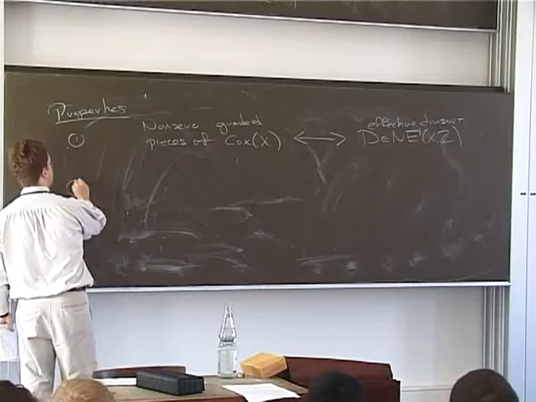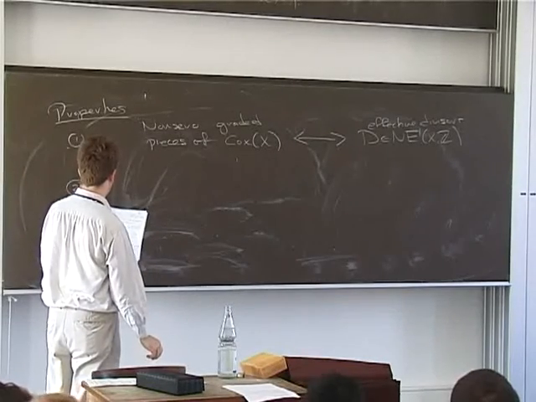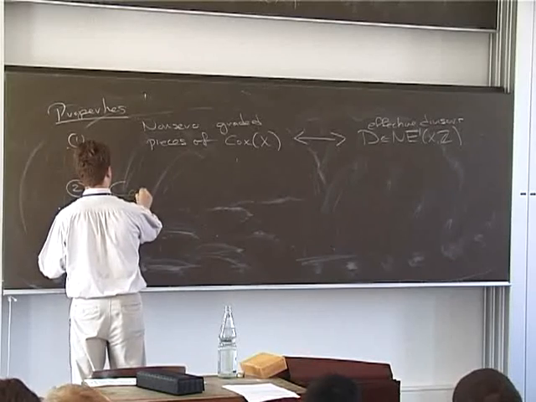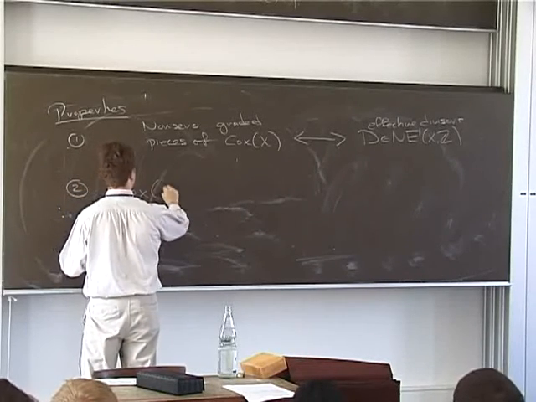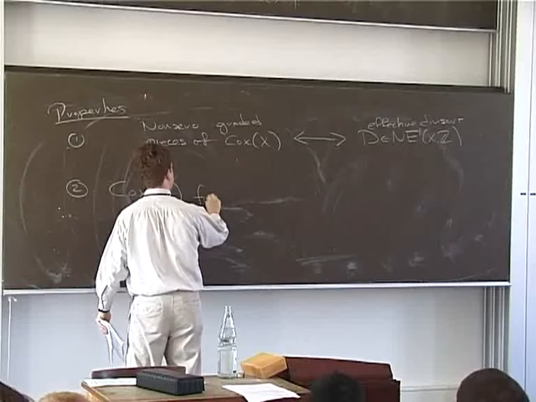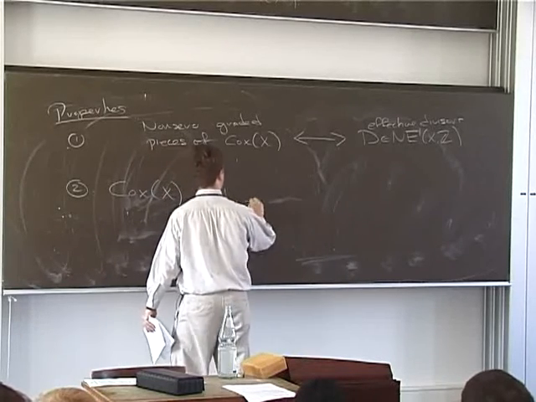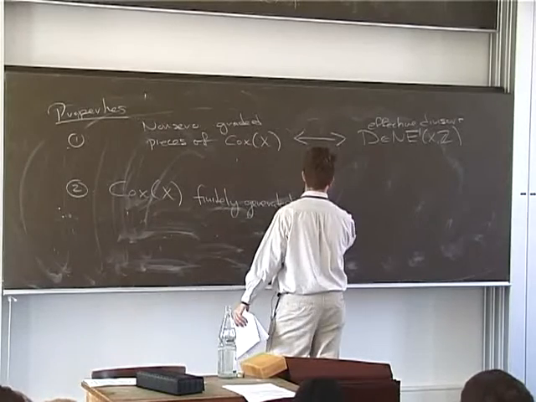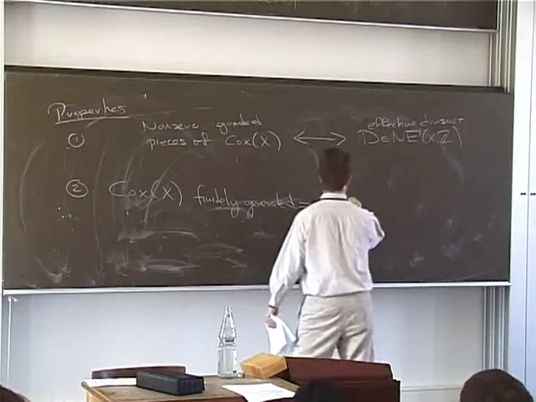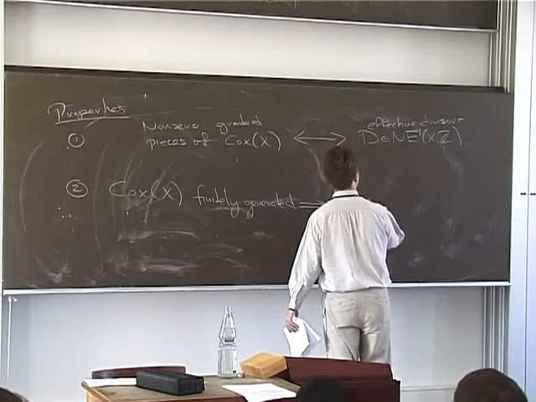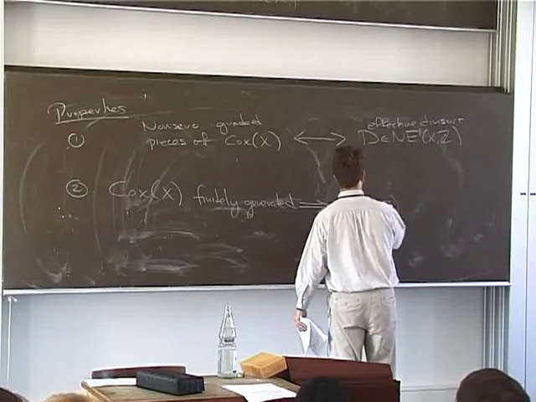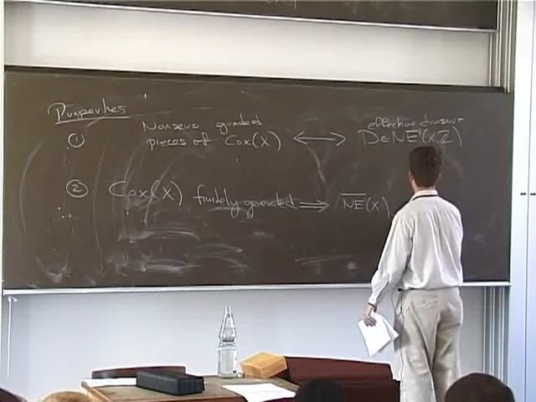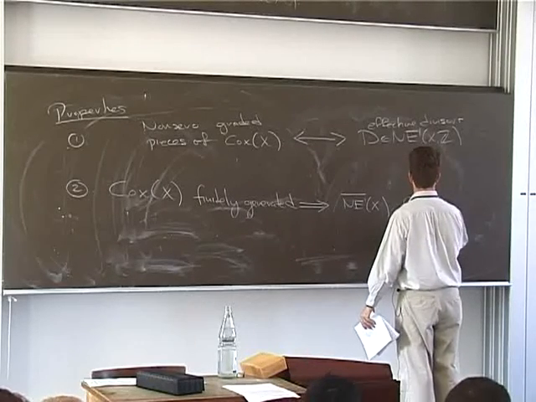The second property is that the Cox ring, if it's finitely generated, this implies that the cone of effective curves, we write it in cone notation, is finite rational polyhedral.